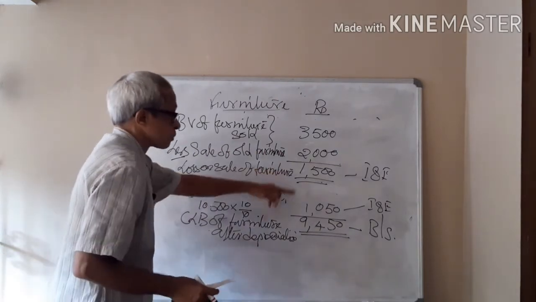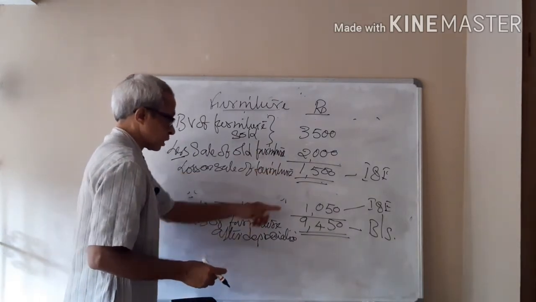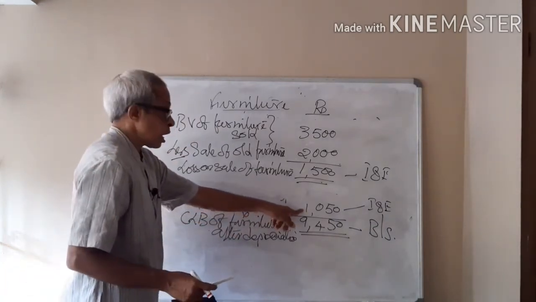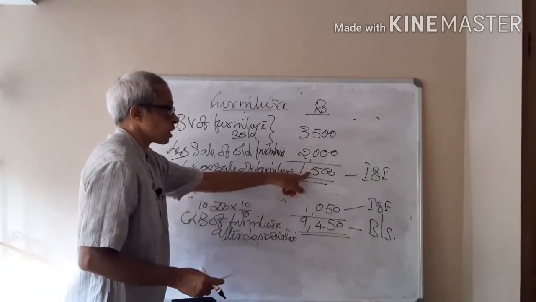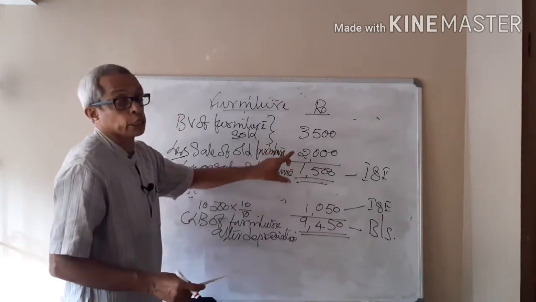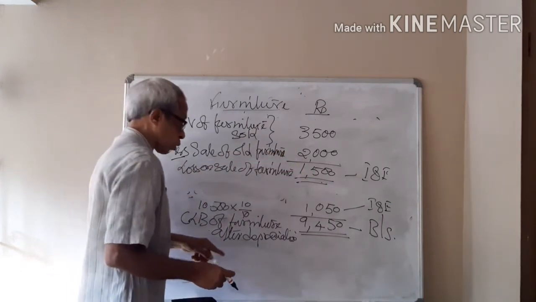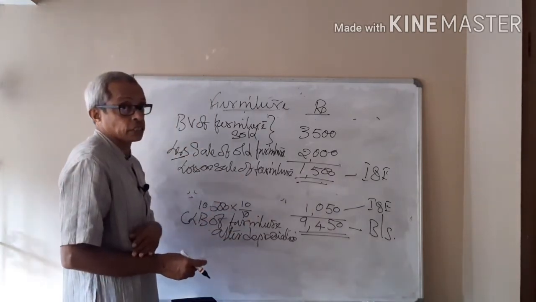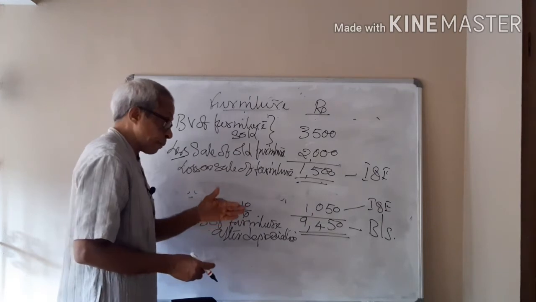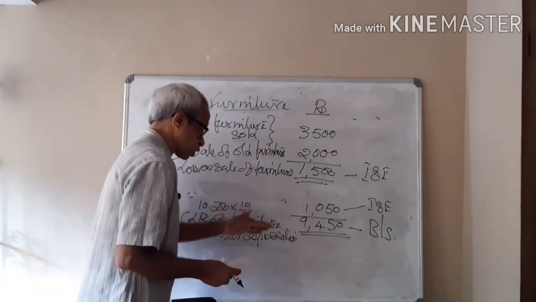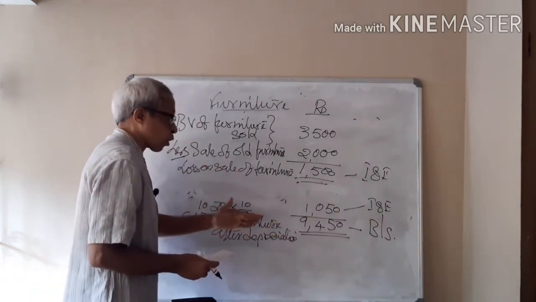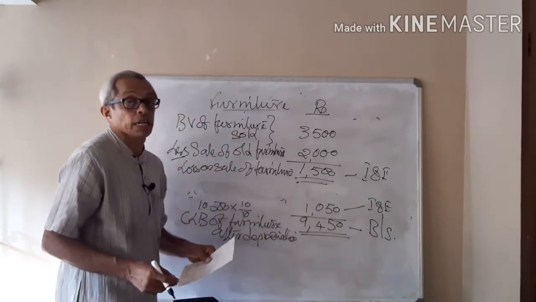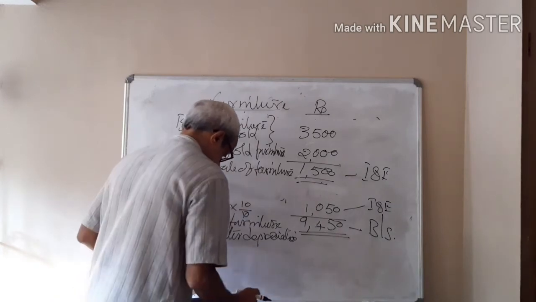So two items, depreciation as well as loss on sale of furniture, may be shown on the expenditure side of the income and expenditure account, and the closing balance of furniture after providing depreciation, that is 9,450, may be shown on the asset side of the balance sheet.